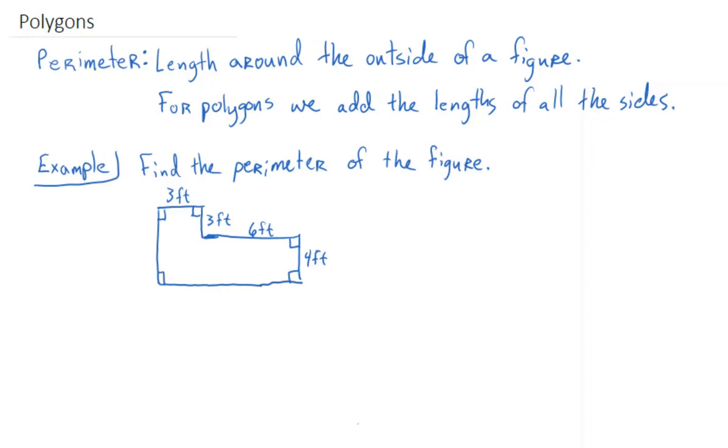Alright, so we're going to find the perimeter of the figure, and I tried to draw it somewhat to scale, but you shouldn't trust that when I'm sketching these figures. Just trust the labeling over the way it looks. So what we need to do here is add up the lengths of all the sides, but we're only given lengths for some of the sides.